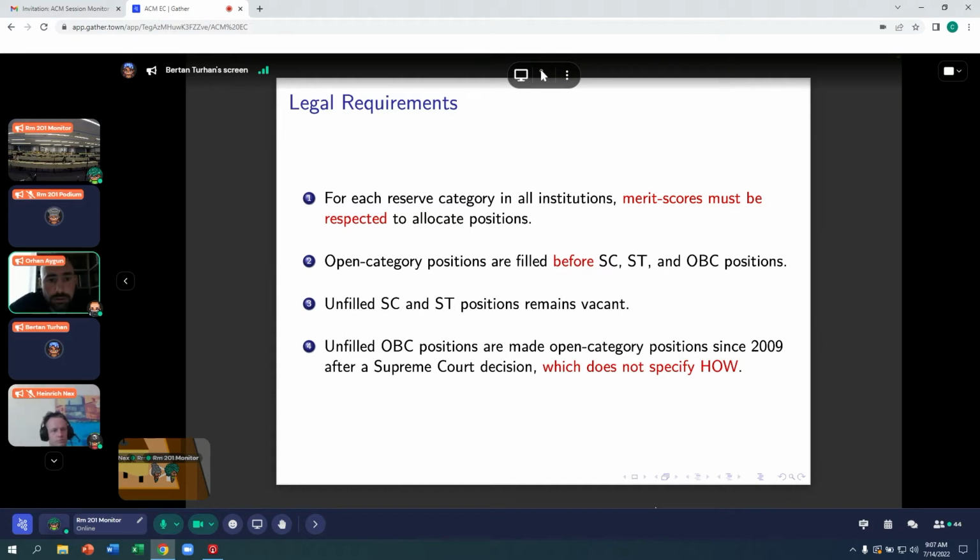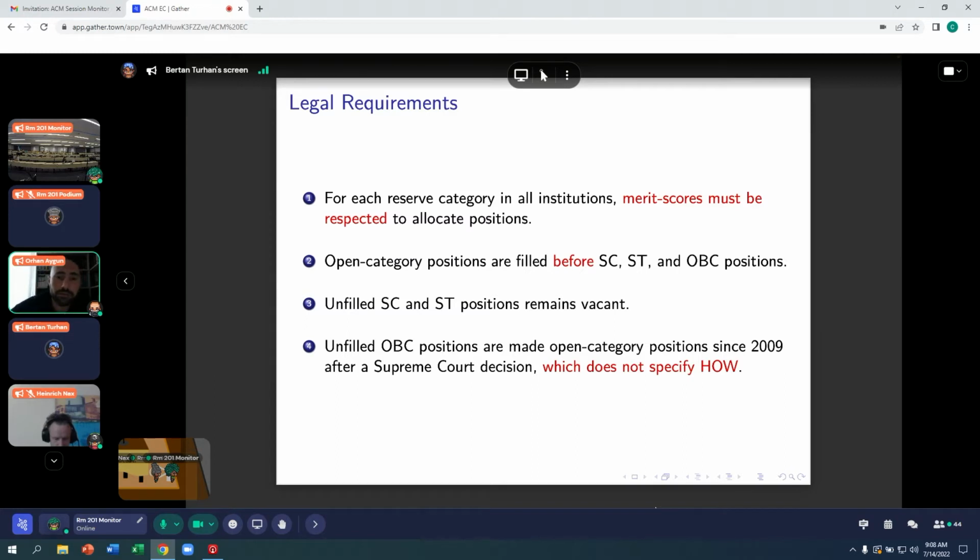And those legal requirements, the first one: for each category and in all institutions, merit scores must be respected. Higher ranked students must get higher priority. Second one, open category positions must be filled before reserve category positions.